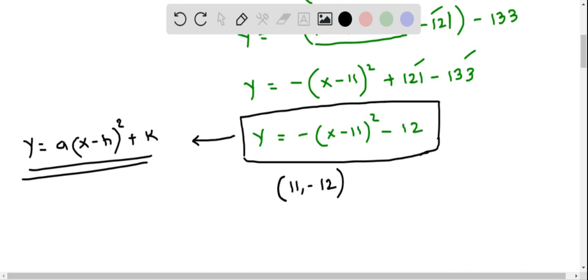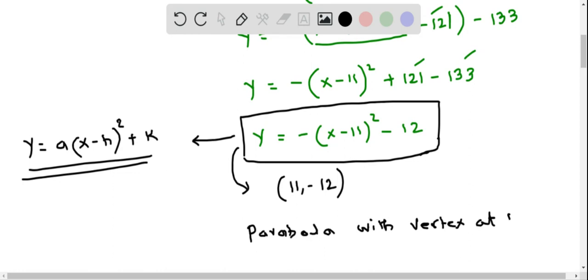And so this conic equation represents a parabola with the vertex at 11 comma negative 12.